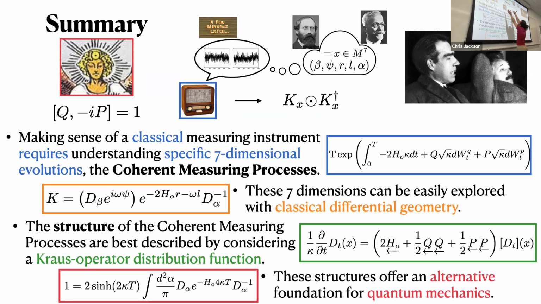Their raw outputs are these Wiener processes, and from the context of the observables you're measuring, there actually is some manifold that those Wiener processes live in. You just got to know how to read them. And I showed you these 7 very specific SDEs. That is the cloud. And the only reason I can get those SDEs is because I have a Cartan decomposition to work with, a coordinate system for this manifold.